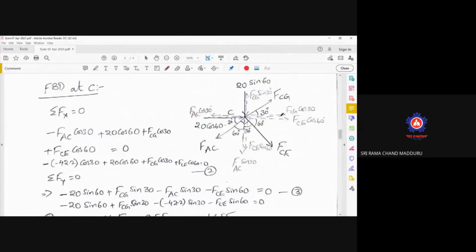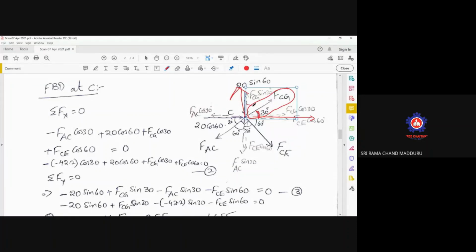Now, most of the people may fail while resolving the forces when an inclined member is there. This inclined member is to be resolved along the x direction and along the y direction. To make it simpler, it doesn't mean that you have to take the angle with respect to horizontal every time. No, that is not the case.